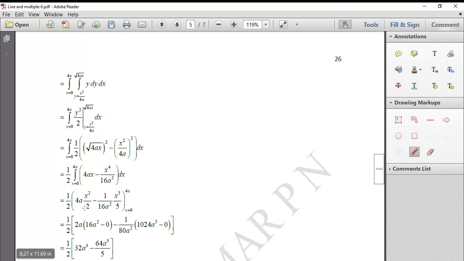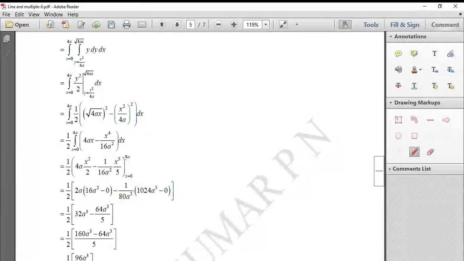Now integrate with respect to x. 4a into integral of x is x square by 2 minus integral of x to the power of 4 is x to the power of 5 by 5. 1 by 16a square is constant. Now apply the upper limit. 2 cancels.